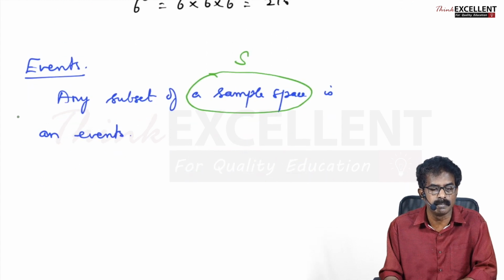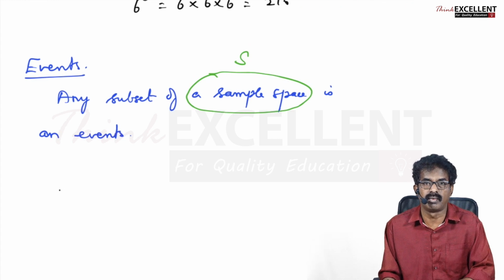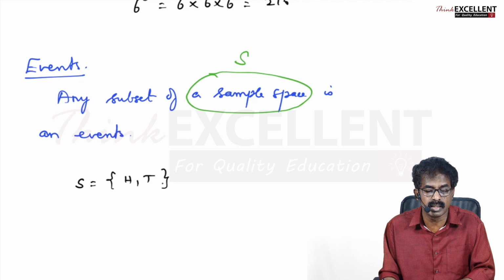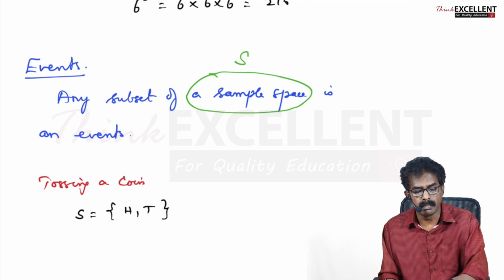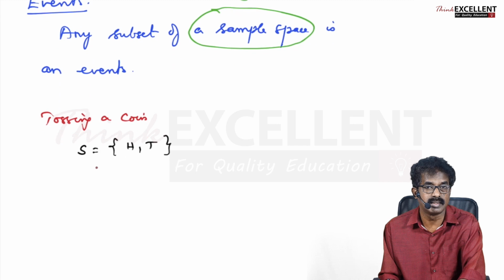Now listen. Suppose I am considering the random experiment of tossing a coin. When you toss a coin, the sample space is H comma T. The sample points are H and T, and the sample space is the set {H, T}.